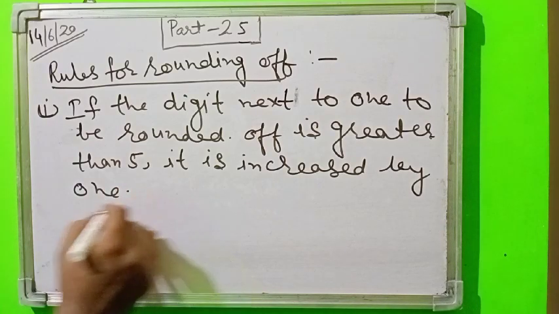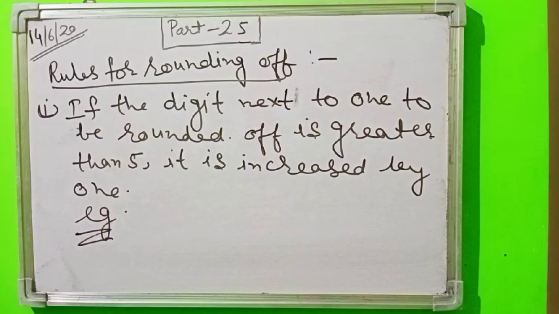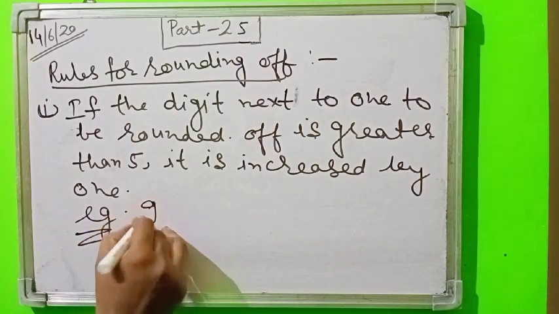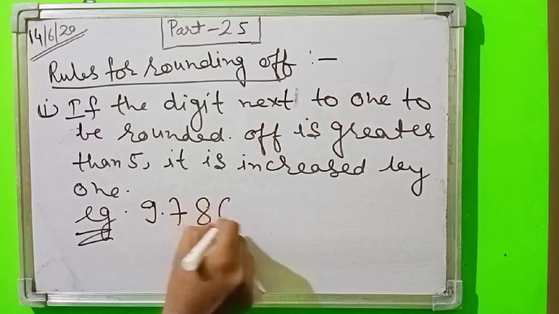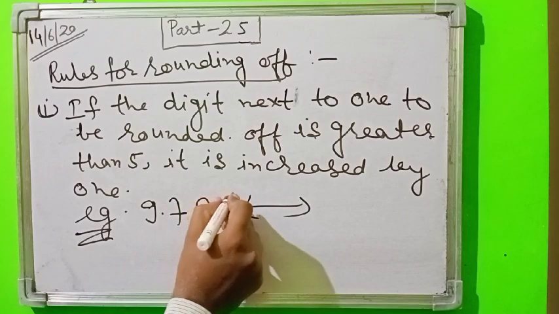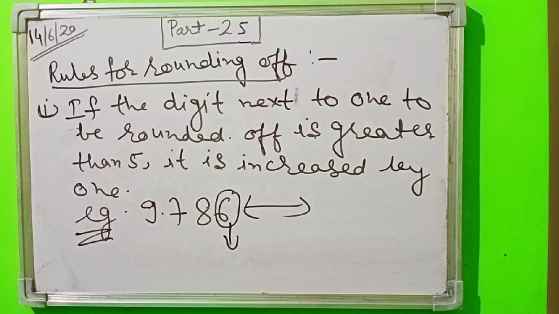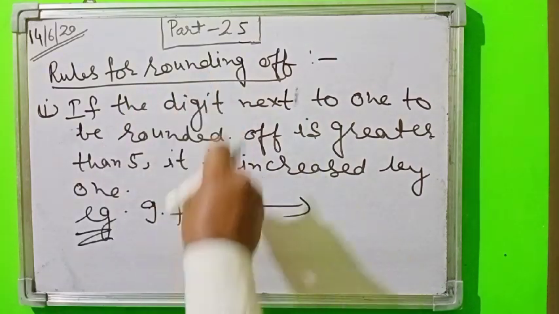For example, suppose we had to round off 9.786. Here 6 is the superfluous or uncertain part, so we have to discard or drop this 6.